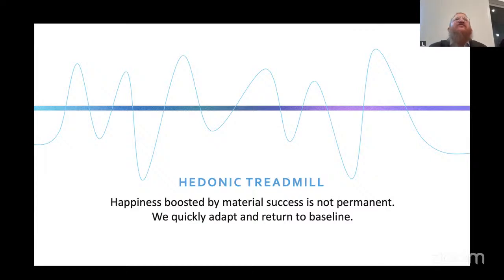So the idea of a hedonic treadmill, though, and it's a fascinating thing, is that if you increase luxuries for people, or increase wealth, or increase something good, it will make them happier, short term. But then they revert to the mean.